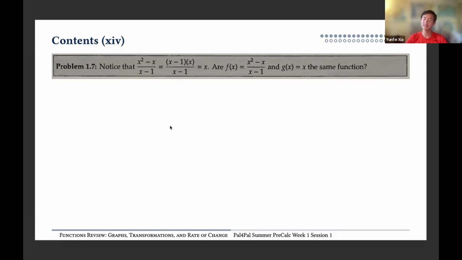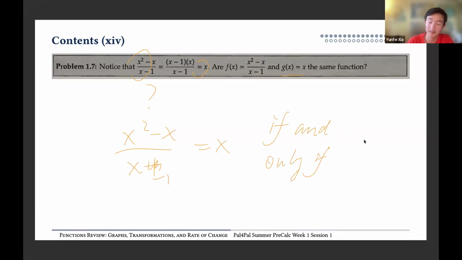Right, exactly. This is a very classic troll problem. You have to consider that although this is equal to x, question mark, they're not necessarily the same function. X squared minus x over x minus 1 is equal to x if and only if x is not equal to 1, right?